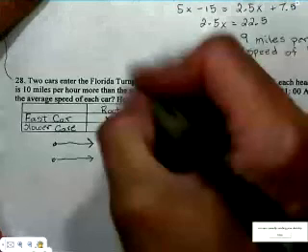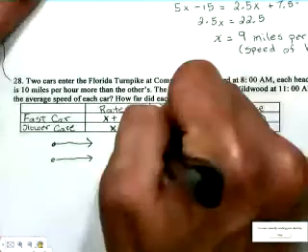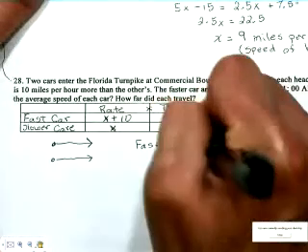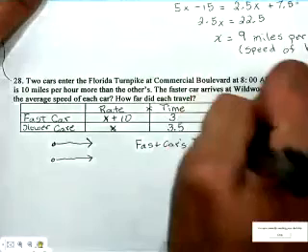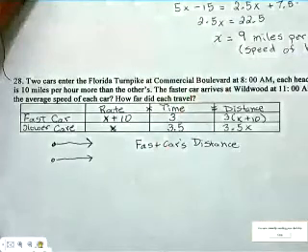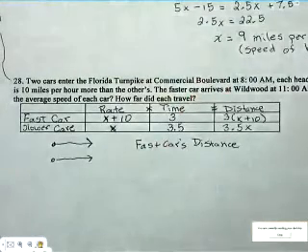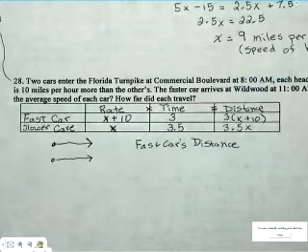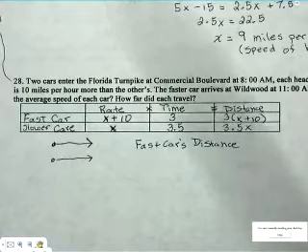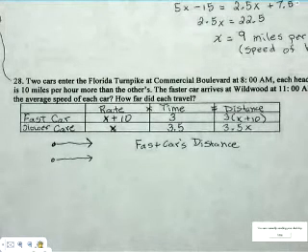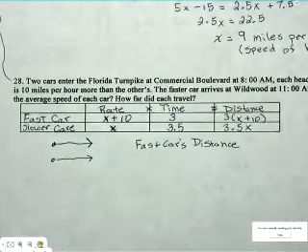So fast car's distance. Wait. Okay, what you said was true. You said fast car's distance plus slow car's distance is total distance. That is true, but not helpful because we don't know total distance. What we know is the two distances are equal because they got on the turnpike at the same place and they're getting off at the same place.